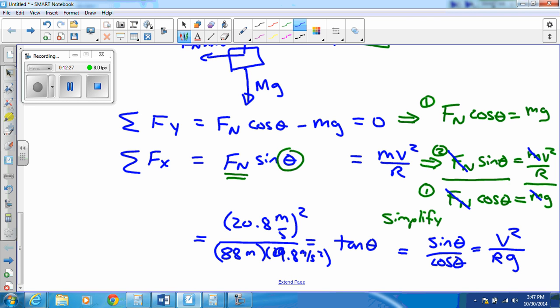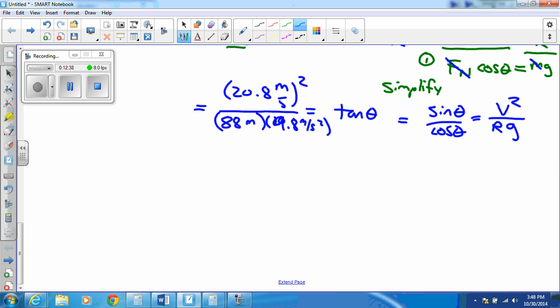Let's use 9.8 meters per second squared, just so we can get the exact answer that the back of the book has. And when we simplify all of that, then we can solve for tangent theta. Pause at this moment and solve for theta.